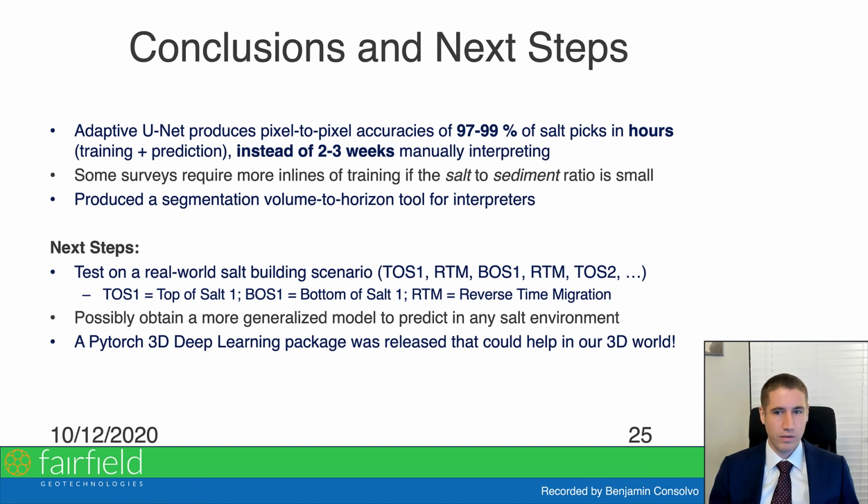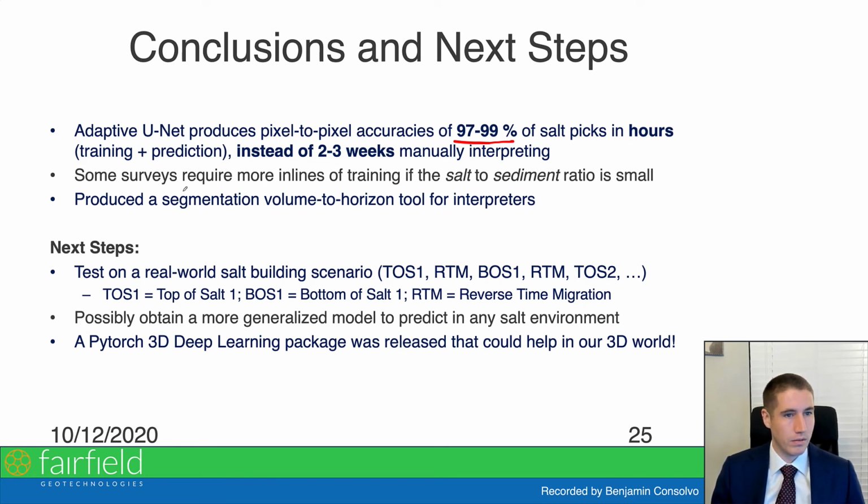The conclusions for today's talk. The adaptive UNet approach produces pixel-to-pixel accuracies of 97 to 99% of salt picks, comparing the machine learning picks to the human picks in hours, and instead of 2 to 3 weeks of manually interpreting the same data.